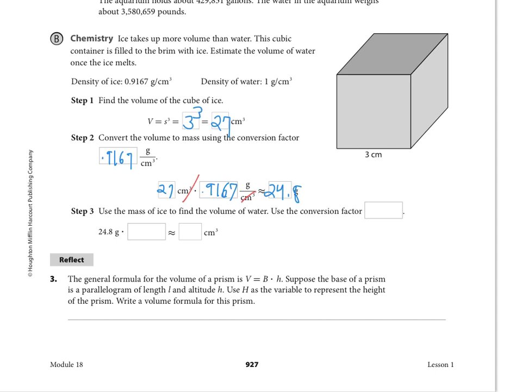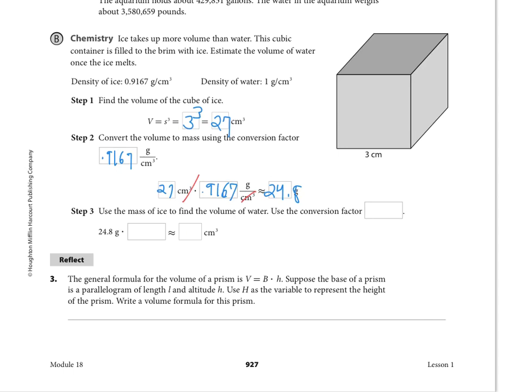Then the question is, we want to estimate how much water is left once the ice melts. Well, 24.8 is the mass of the ice all melted down. The mass does not change, obviously.